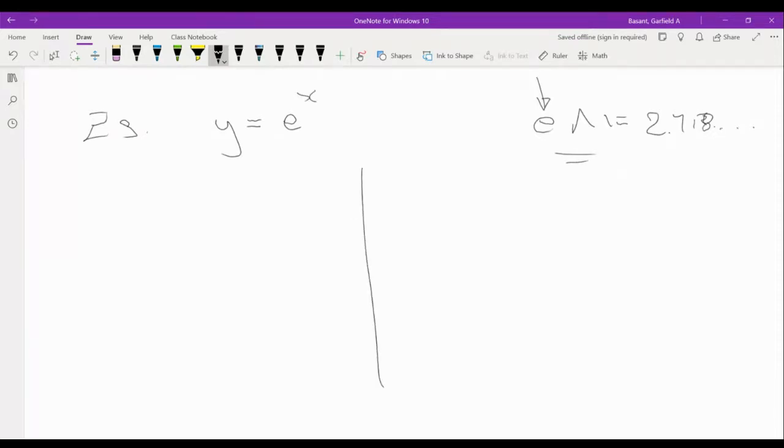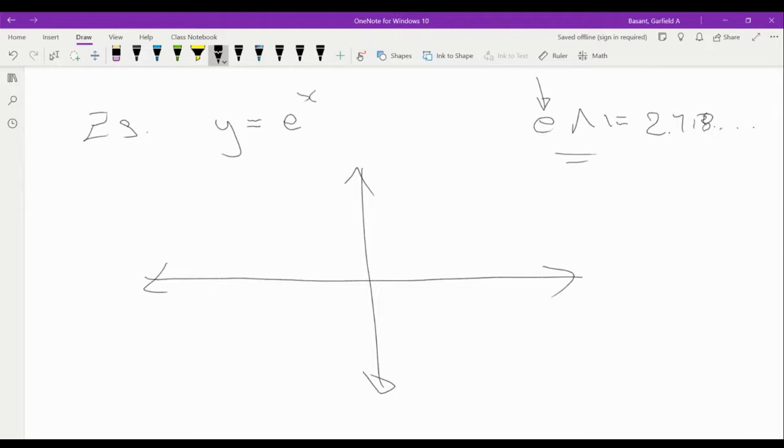Now, one of the things we want to look at for these exponential functions is the graphs. You do have a couple of questions in MATLAB on graphs and exponential functions.